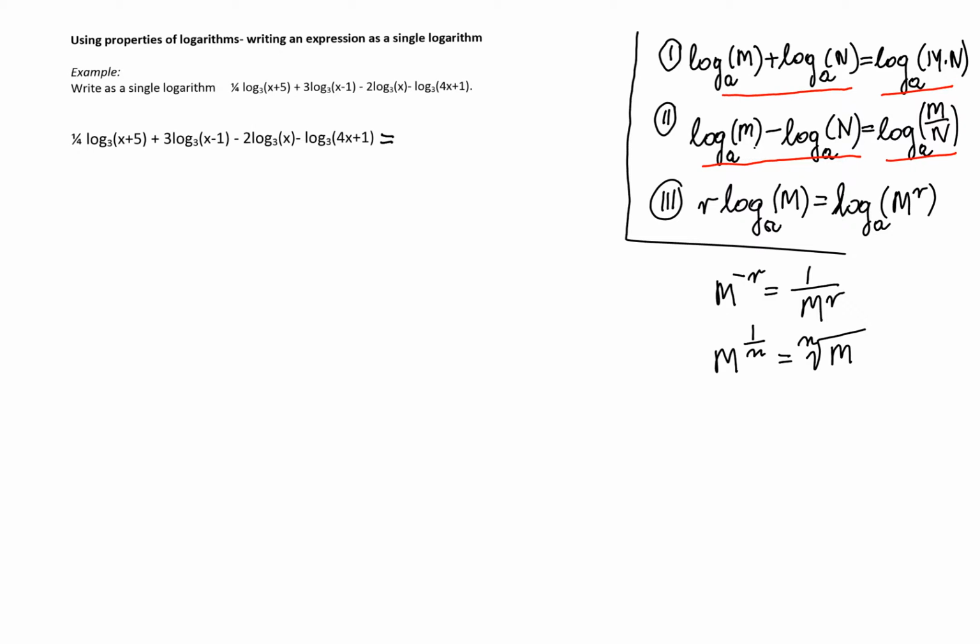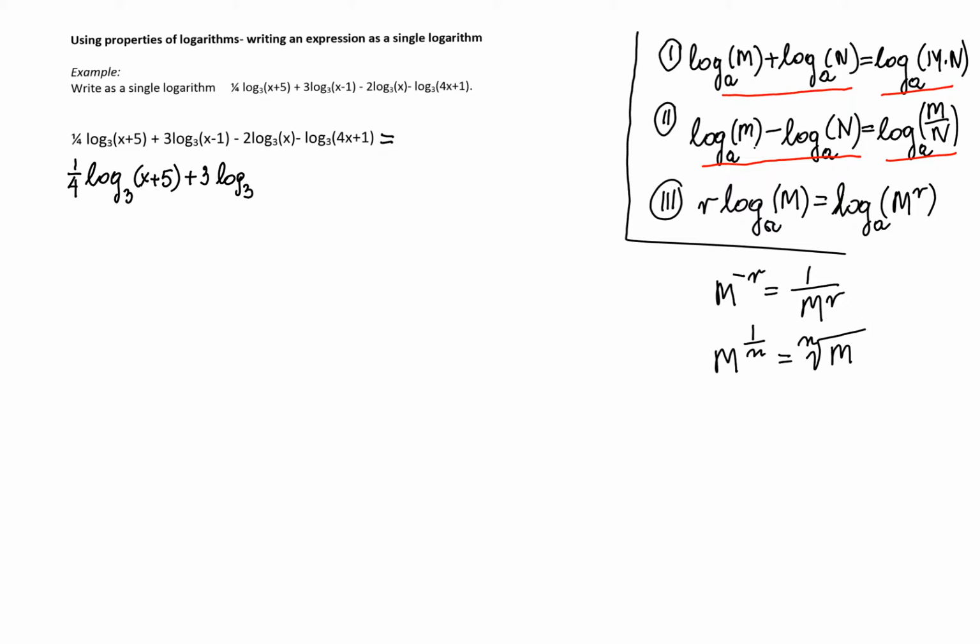To make things simpler, and to avoid complex algebraic manipulations at the end, we'll start by rewriting our expression in such a way that we have a plus sign between the logarithms. So first term is 1/4. It already has a plus sign in front, so that's going to be logarithm to the base 3 of x plus 5. The second also has a plus sign in front, so we'll just rewrite it.